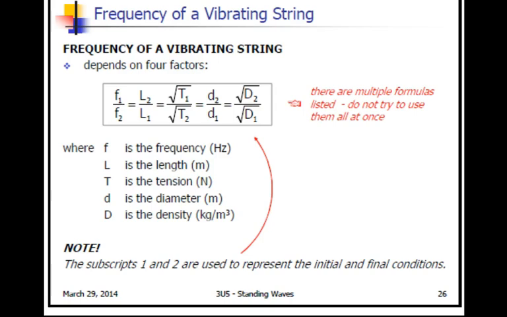So F1 over F2, the ratio of the frequencies, is equal to the reciprocal ratio of their lengths, or the square root of the ratio of the tensions, or the reciprocal ratio of the diameters, or the reciprocal ratio of the square root of the densities. All of those represent different equations.